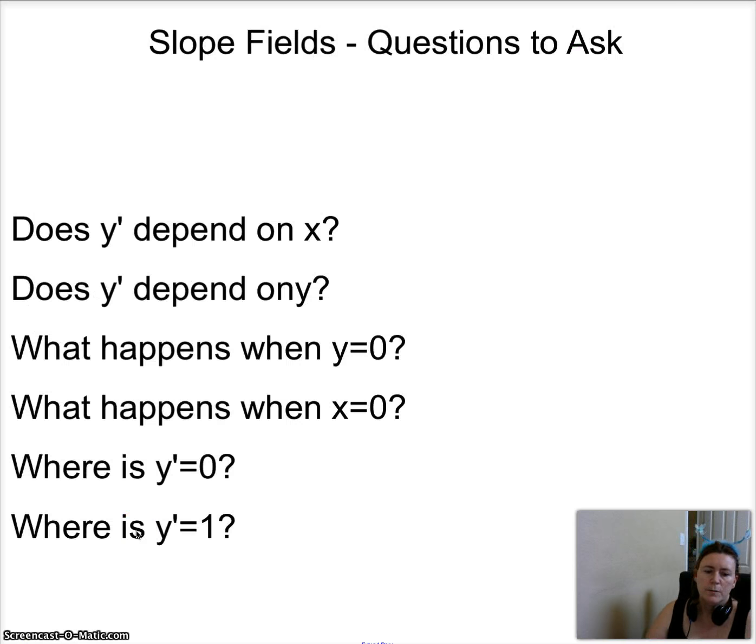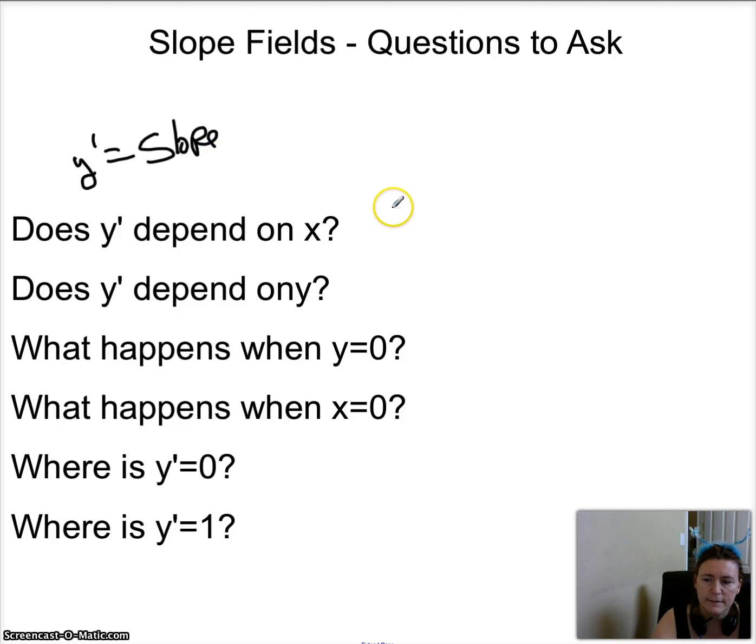Now we're going to draw more general slope fields and identify slope fields. I want you to ask yourself a number of questions. The first question I want you to ask is, does the slope, and y prime is always a slope, depend upon x?